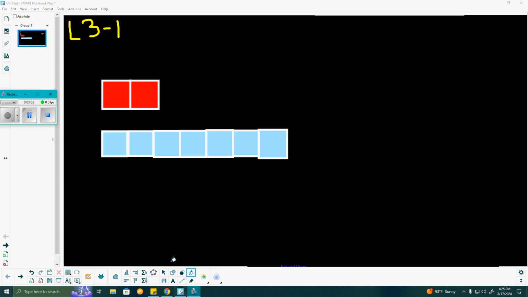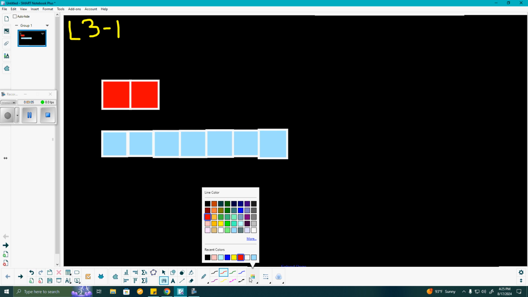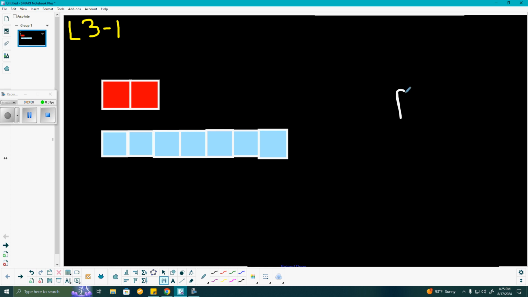Now let's talk about a part-to-part ratio. In a part-to-part ratio, we can write it with a colon in the middle, or we could write it with the word "to". I'm going to take my same recipe of apple cranberry fizz, but this time I'm going to compare the apple juice, which I will abbreviate as AJ, to the amount of sparkling water, and I'm just going to abbreviate that as SW for sparkling water.